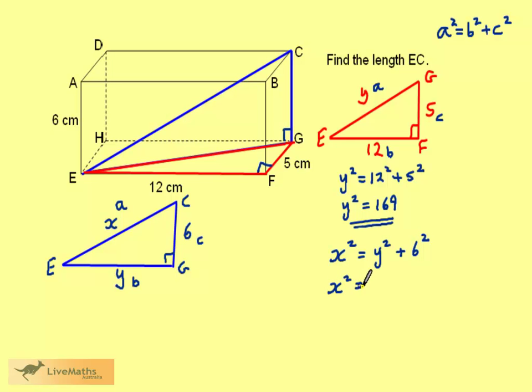So x squared is 169 plus 6 squared. So x squared is 205. X then is the square root of 205.